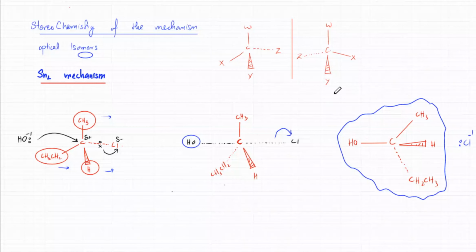So the point I'm trying to make is that in the SN2 mechanism, you only get one optical isomer. Why? Because the OH minus one would always be coming from the left side. If the Cl is on the right side, the OH minus one would always be coming from the left side. So the OH minus one would always be bonding to this side.